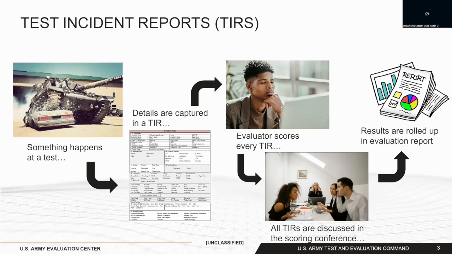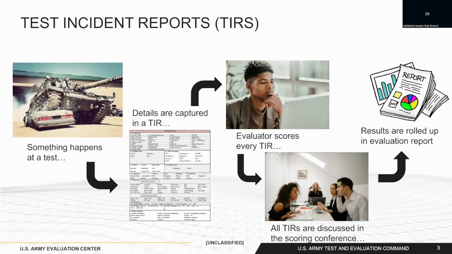It gets recorded in a common form, a standard form. There are variations on this form from system to system and test to test, but the basic structure and content is consistent across the board. And these TIRs are captured and they're uploaded into a database in ATEC.